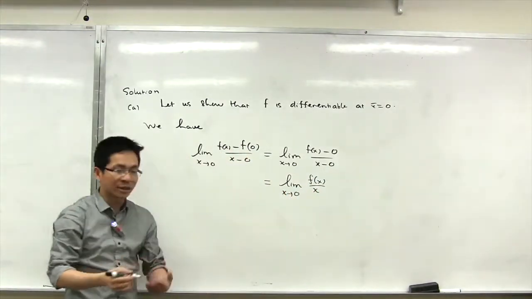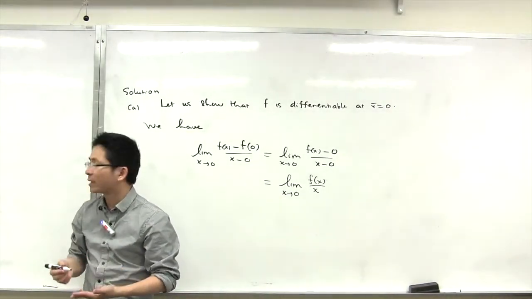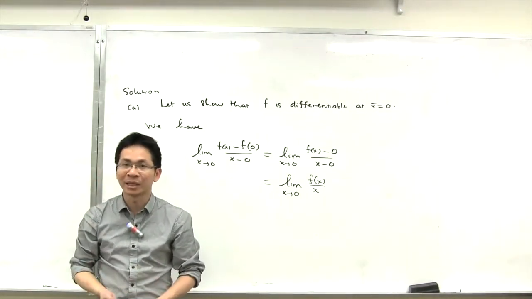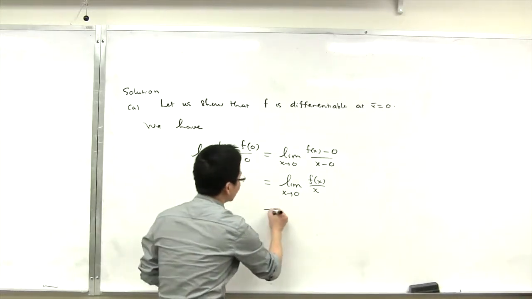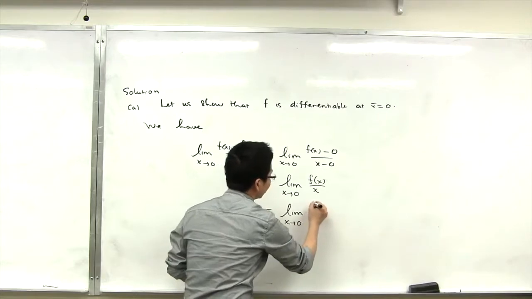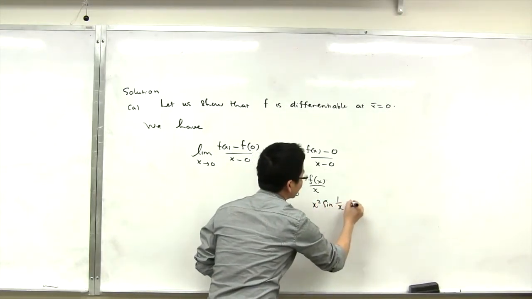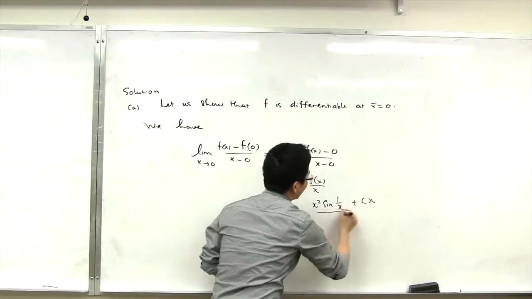So this is equal to the limit of f of x over x as x approaches 0. Note that if x is not 0, f of x is x squared times sine of 1 over x plus cx. So this limit is equal to the limit as x approaches 0 of x squared times sine 1 over x plus cx over x.